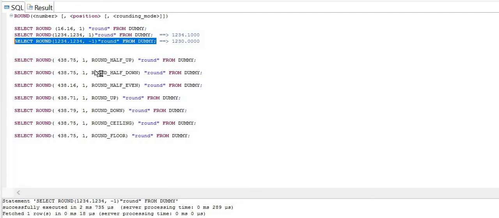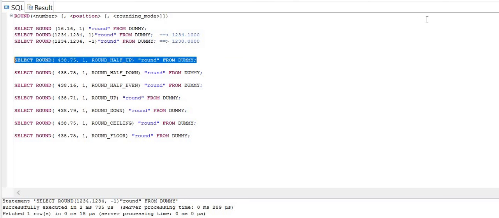Now coming to the next one, the round half up. Round half up is like the default, like how the normal round function works. In terms of definition, it is generally rounded up to the next round figure, like here in the case of 7.5, so it will be 8.